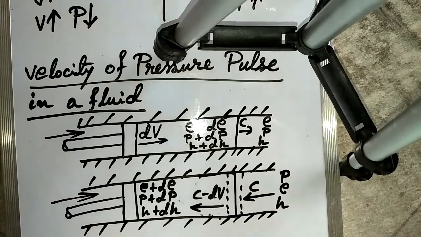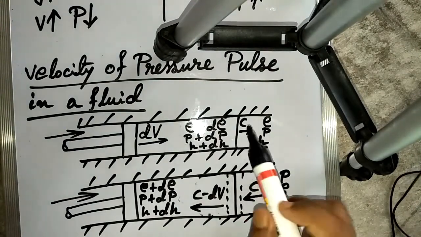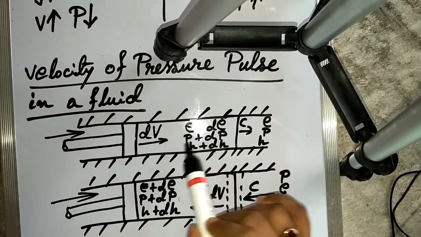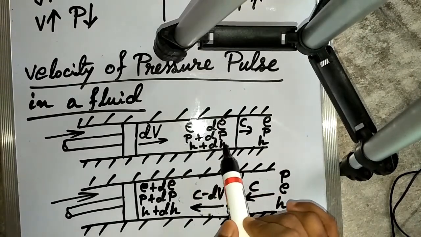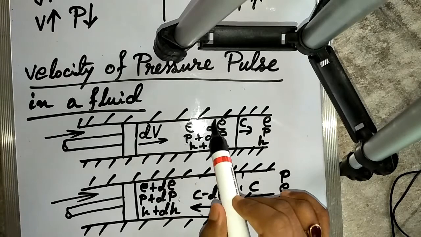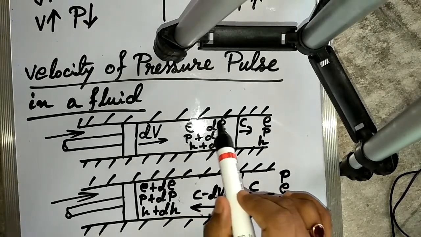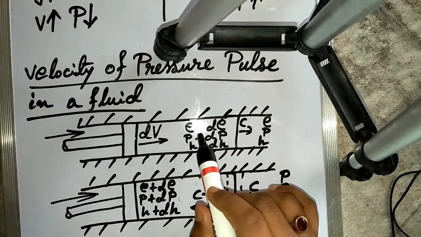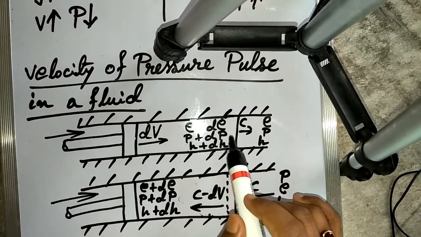Beyond this wave front, the properties are rho plus d rho, p plus dp, h plus dh. That means there is a slight increase in the properties beyond this wave front, because it's a compressible fluid.